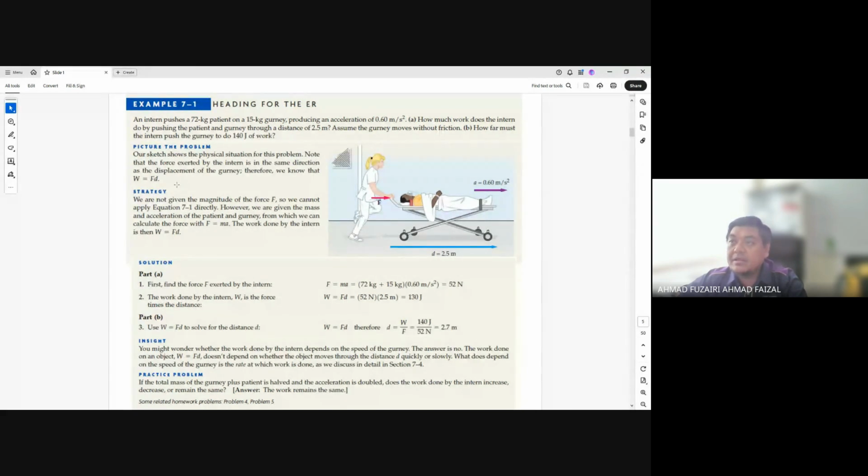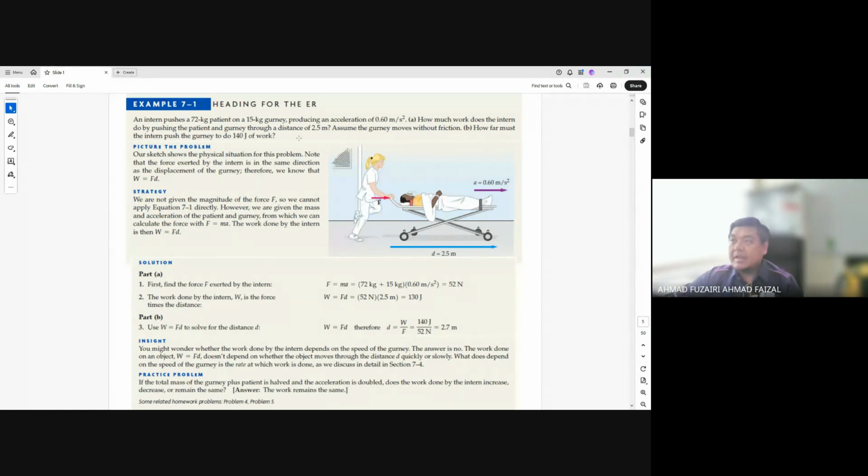An intern pushes a 72 kilogram patient on a 15 kilogram gurney, producing an acceleration of 0.6 meter per second squared. How much work does the intern do by pushing the patient and gurney through a distance of 2.5 meters?